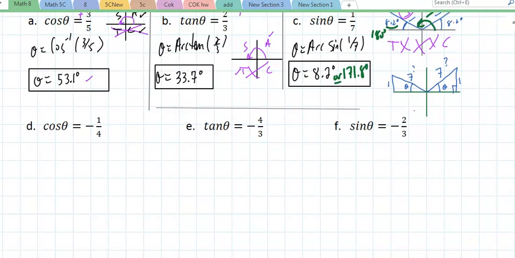Now, what if we want to do the same thing, but we want to know where this cosine of theta is negative between 0 and 180? We would say theta equals the inverse cosine of negative 1/4. We could use the calculator for that.